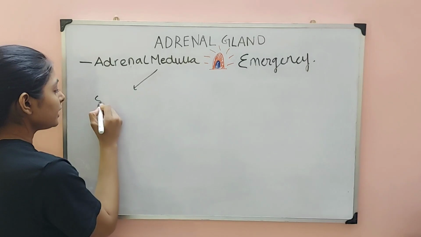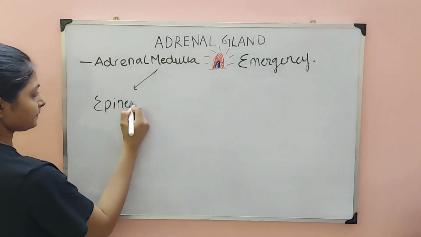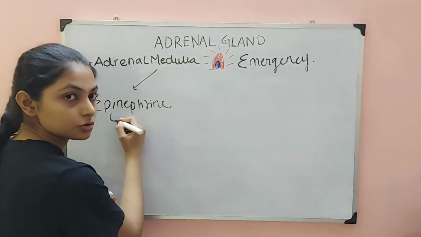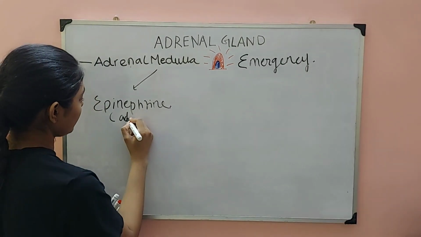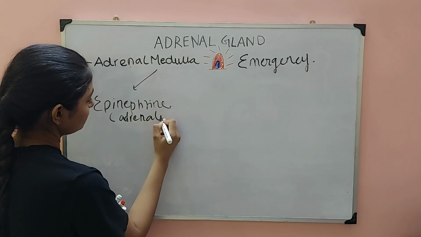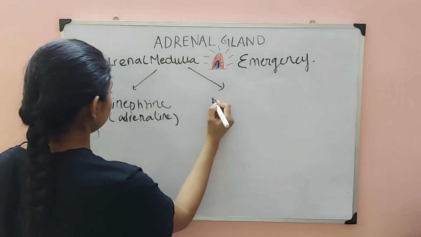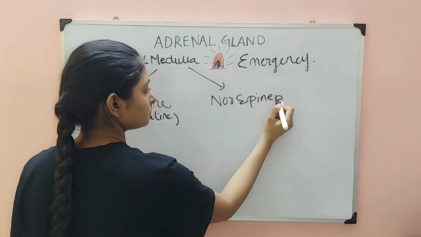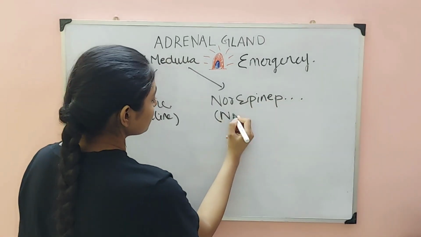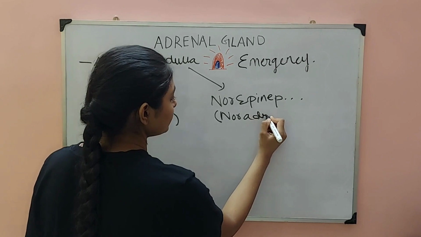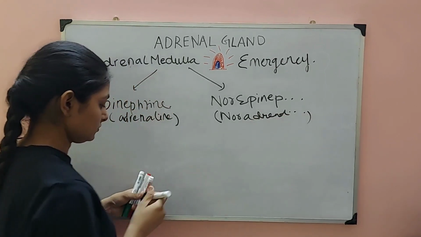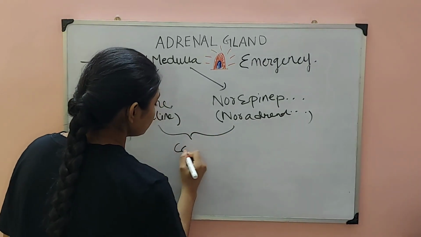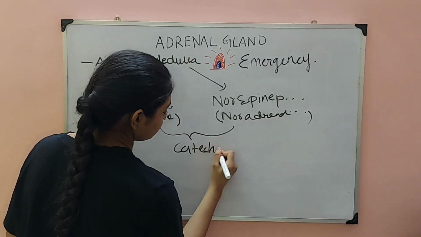These are epinephrine, also called adrenaline, and norepinephrine, also called noradrenaline. These two hormones together, they are called catecholamines.